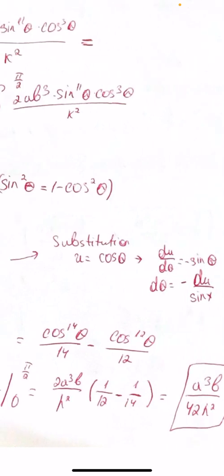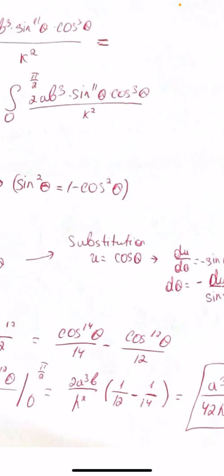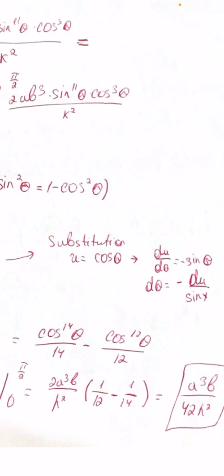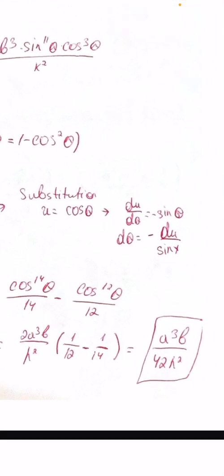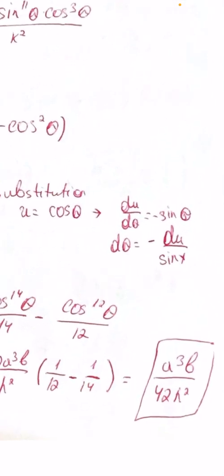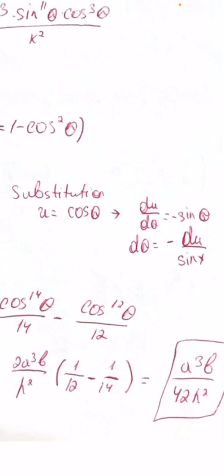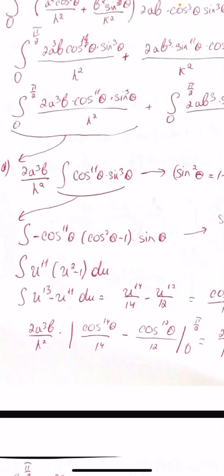We will use the substitution method here, where we take u as cosine alpha, and we find the derivative of u with respect to alpha, which is going to be minus sinus alpha. From here we take d alpha, which is going to be minus du over sinus alpha.